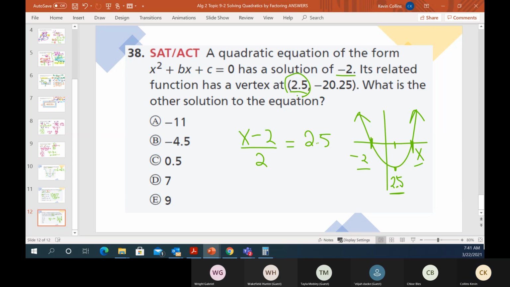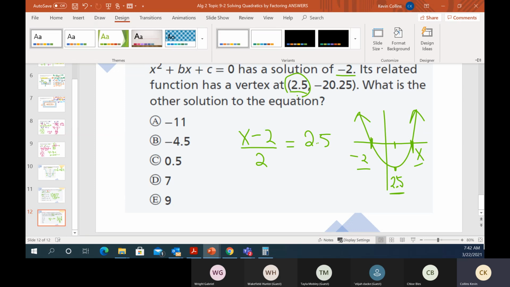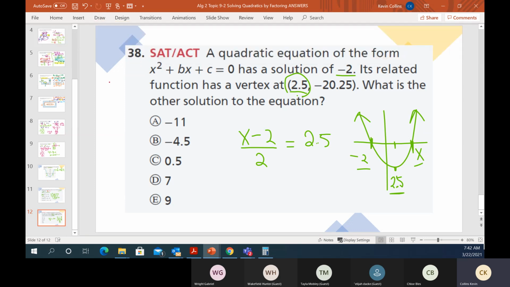Pretty sneaky. Yeah, this would probably be one of the tougher SAT questions. Gotta be honest. All right, so here's what we do. Here's an interesting hack. We're going to multiply both sides by 2. Over here I've got a 2 on the bottom of a fraction, right? If I want to move him to the other side, all I have to do is cross him off here and bring him upstairs over here, which is technically the same as multiplying both sides by 2.